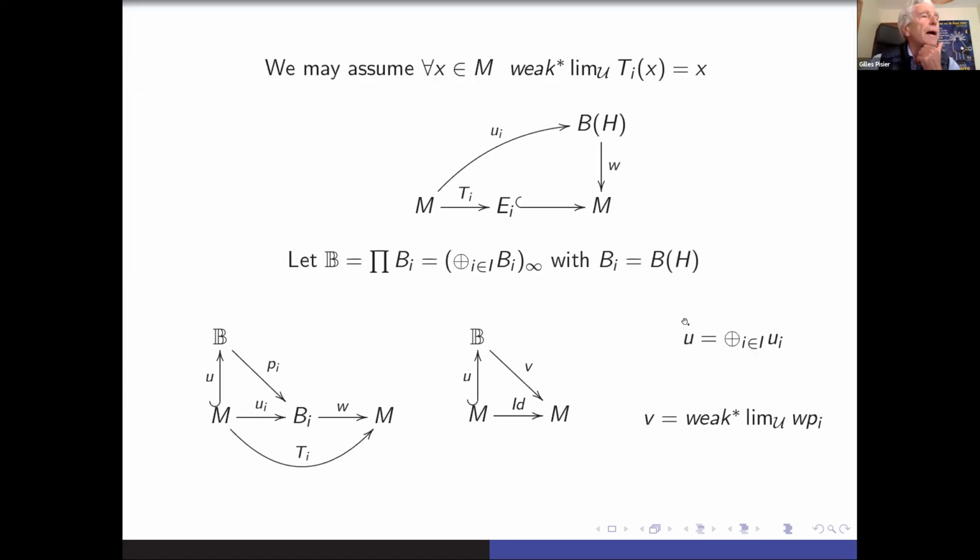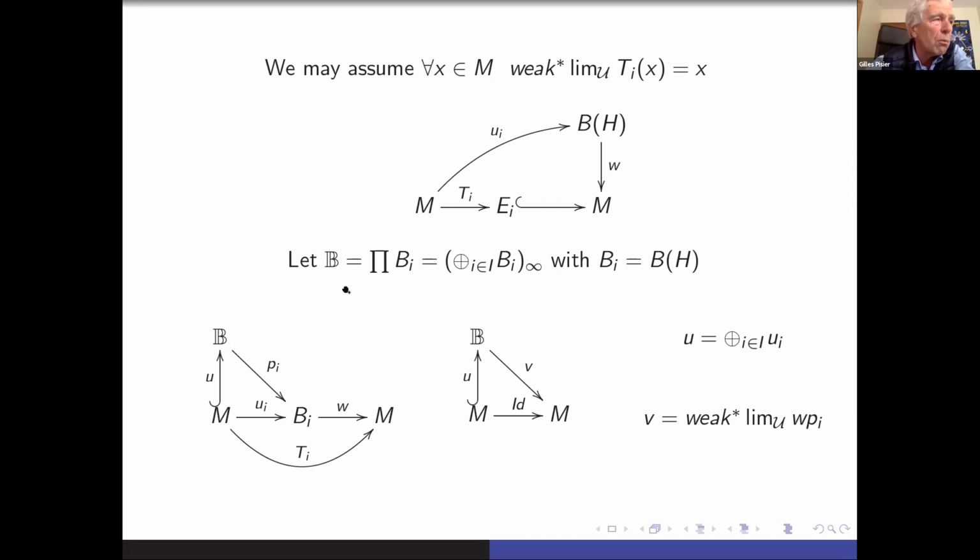So now the diagram is, I just repeated the diagram here, and I repeated, of course, our assumption that the Ti's form an approximation of the identity. So we know that, let's say we have an ultrafilter U, and the weak star limit of Ti x is x. Okay.